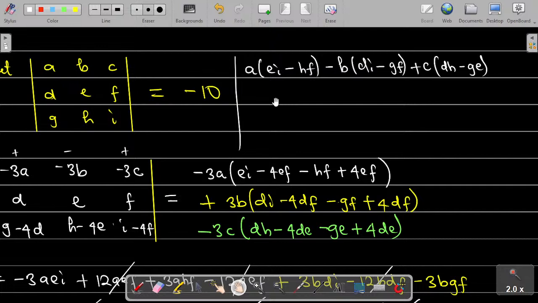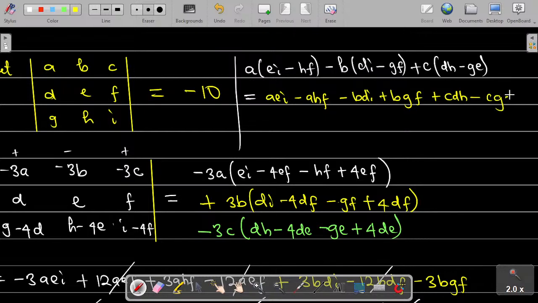Okay, so let's try opening up this one, so you see what will happen here. This one is going to be AEI minus AHF minus BDI plus BGF, then plus CDH minus CGE.